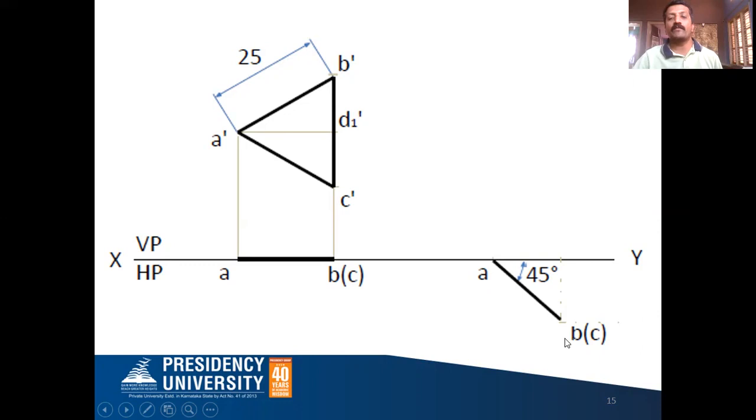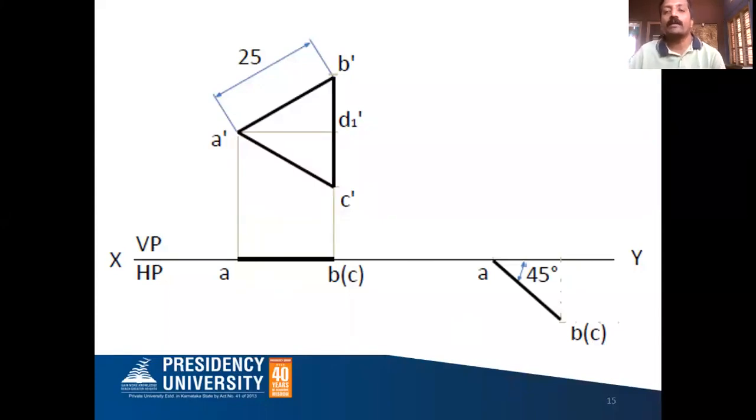After drawing the 45 degree line, you call this point A. Now you take the front view length as the distance, with this as the center you cut the 45 degree line like this. Call these points B and C. That means you have to redraw this top view such that it comes on this 45 degree line. So this completes the second position top view.